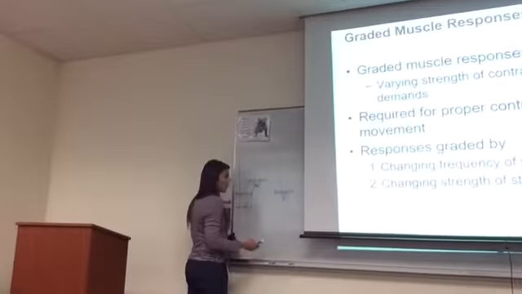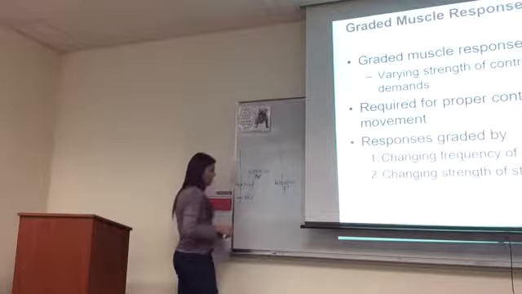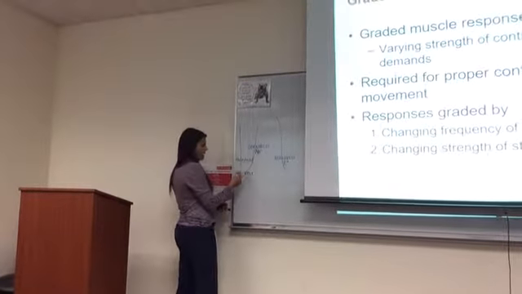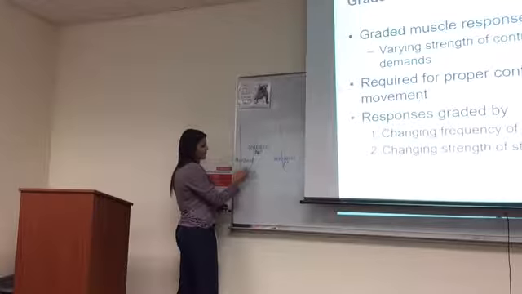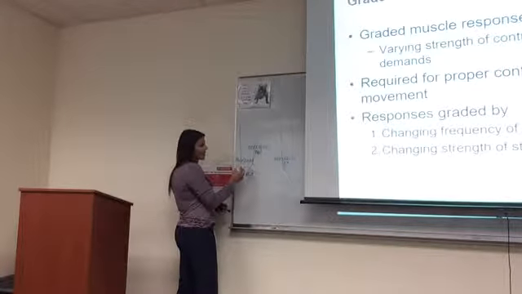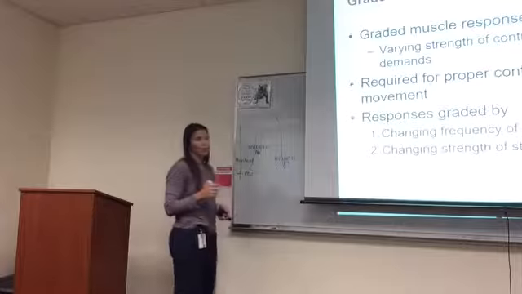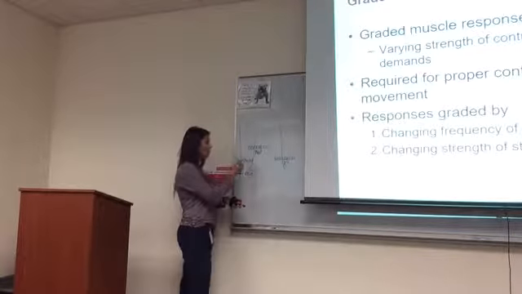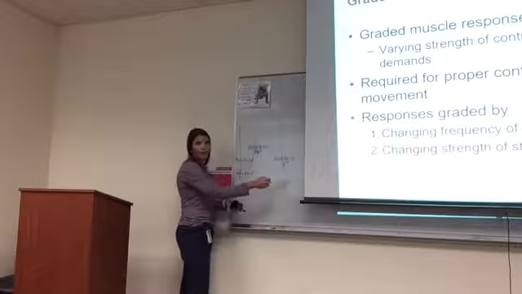So a graded response was me sitting on that couch, and I would start to try to, no. Graded says that I get close to threshold, but I don't. How do I know I don't reach threshold? I didn't start moving. Once you hit threshold, you immediately get going.